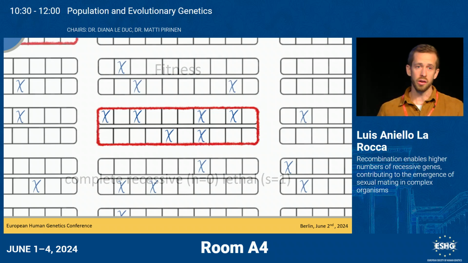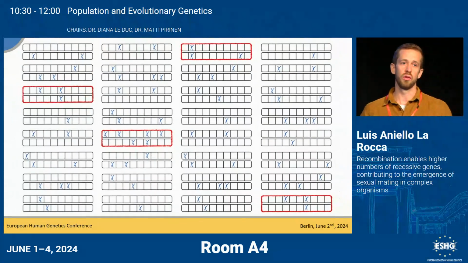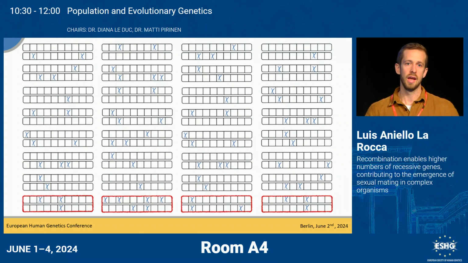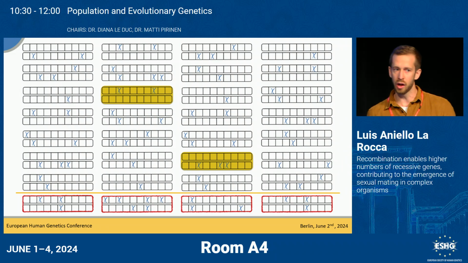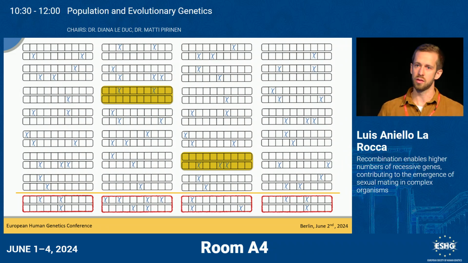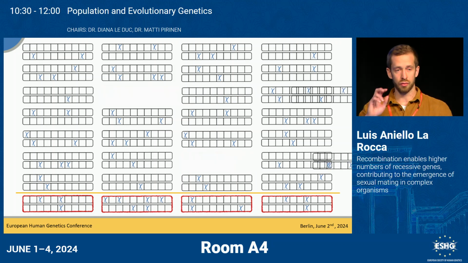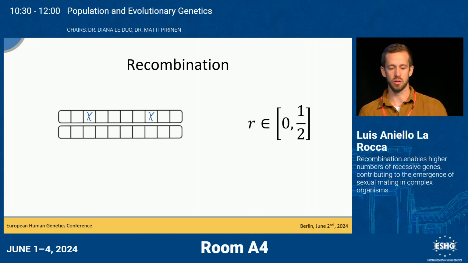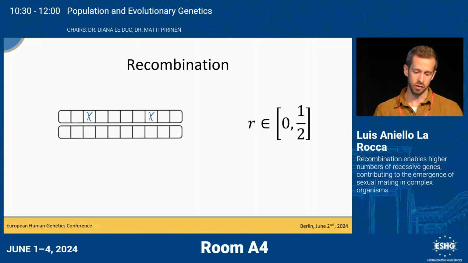If we now want to generate an offspring for the next generation within this model, we first sort out all the affected individuals and then choose uniformly at random among all the remaining population, because now they all have the same fitness, for parents to mate. For the formation of an offspring, there are two main mechanisms that come into play. First is recombination.